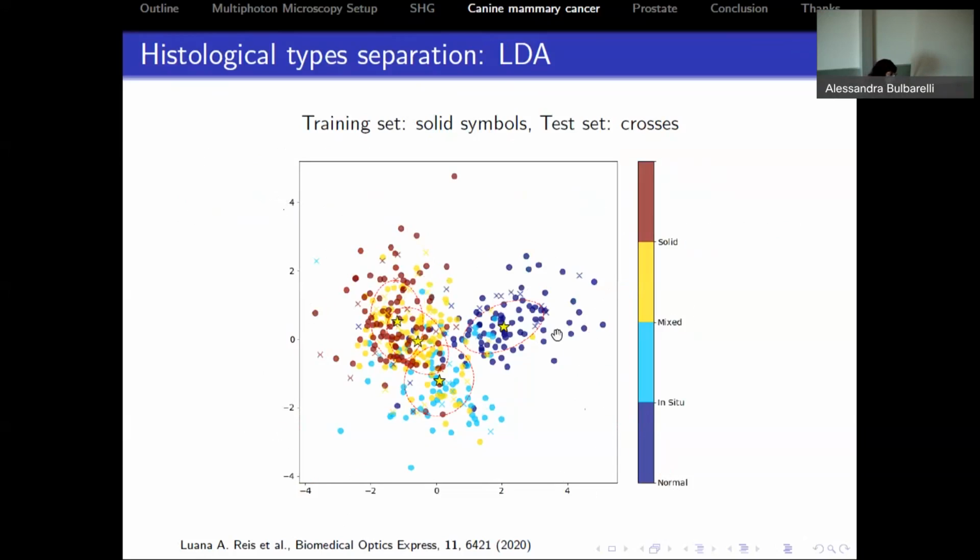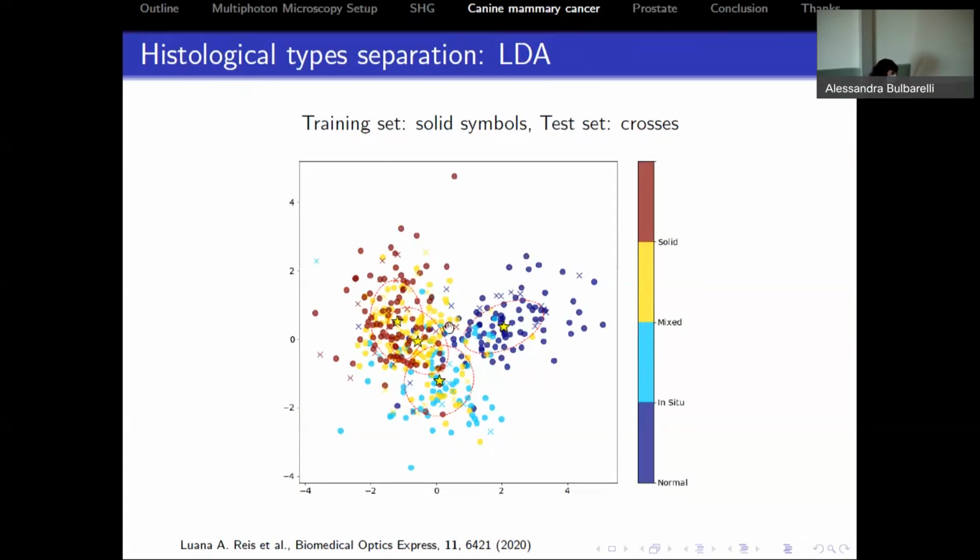The colors here show the normal, in situ, mixed, and solid carcinoma from before. We can see that the healthy tissue is really well separated from the cancer tissue.